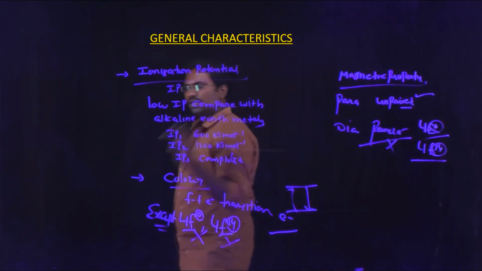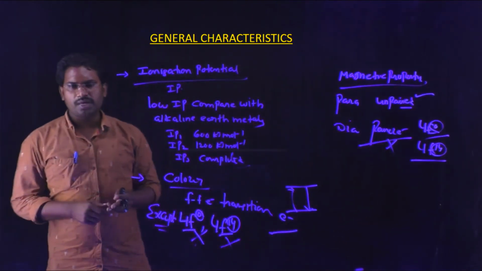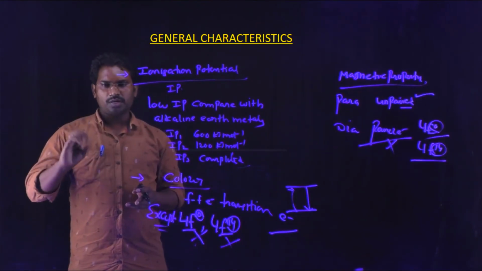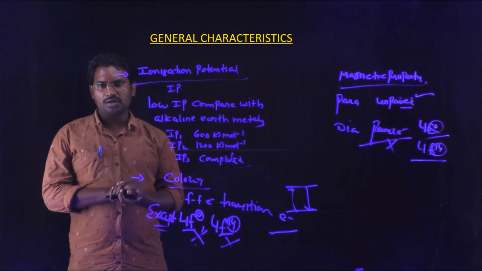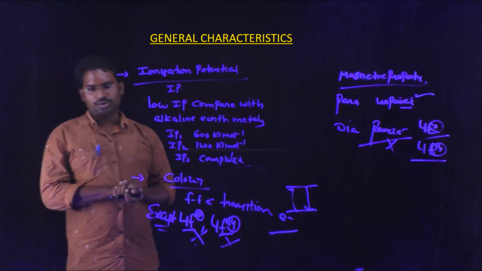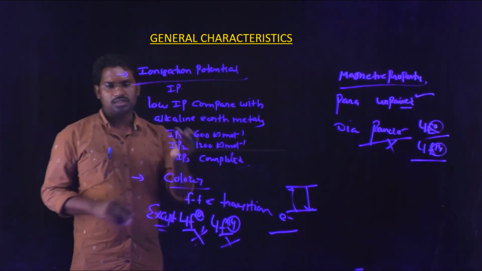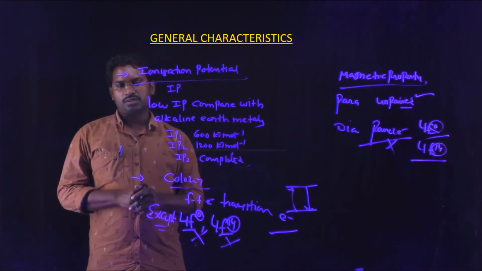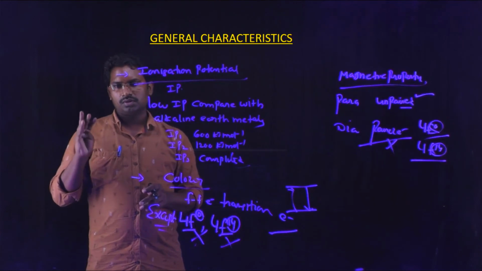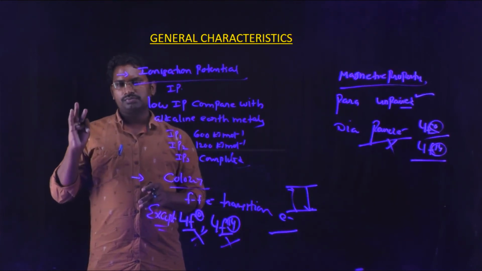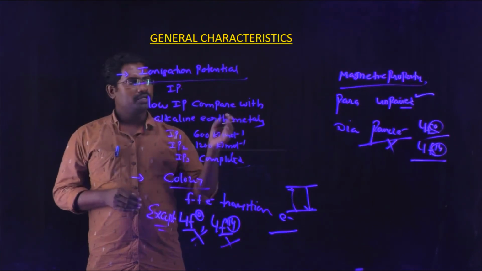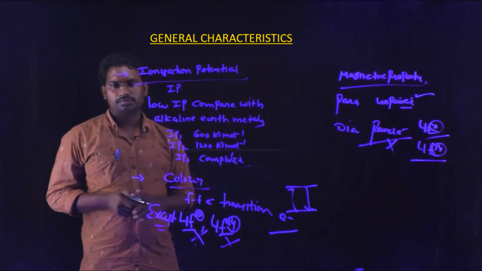If the given ion has unpaired electrons, it exhibits paramagnetism; if it has paired electrons, it exhibits diamagnetic nature. These are all the general characteristics of the lanthanide elements: physical state, ionization potential, melting point, boiling point, color, and magnetic property.